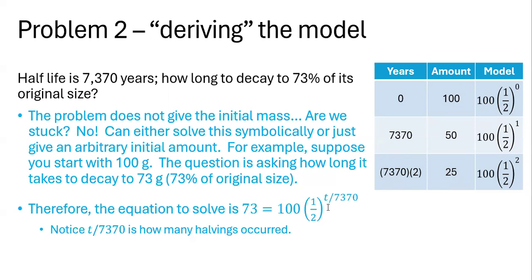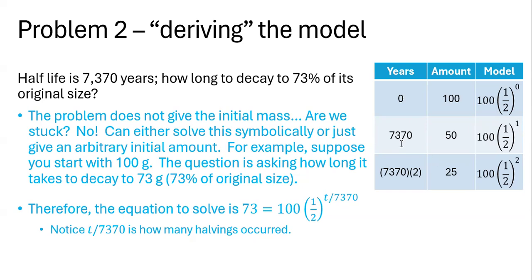So we use our model now as 100 times half to the t over 7370. This is actually the exact formula. But how do we understand this t over 7370? It's, again, how many halvings occurred. After 7370 years, one halving occurs, so it's 7370 divided by 7370.